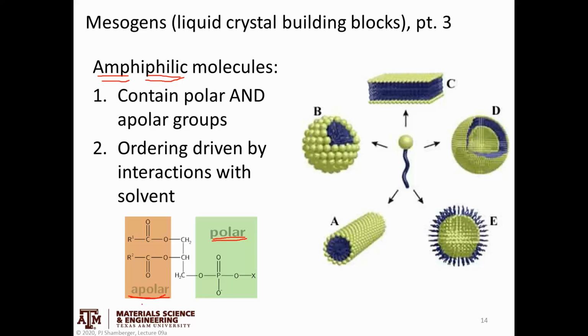Because they have this sort of split personality situation, when you put a bunch of amphiphilic molecules into one kind of solvent or another, they tend to organize themselves so that the tail or the head, the part that tends to interact with one kind of solvent or another, is exposed to the solvent that it likes. A perfect example of this is a lot of detergents and soap molecules.